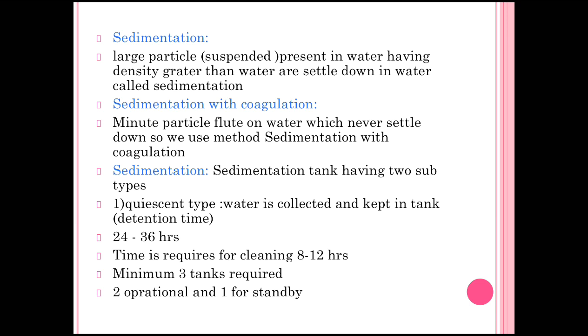The time required for cleaning is 8 to 12 hours. In this process a minimum of 3 tanks are required, in which 2 tanks are operational and 1 is for standby.